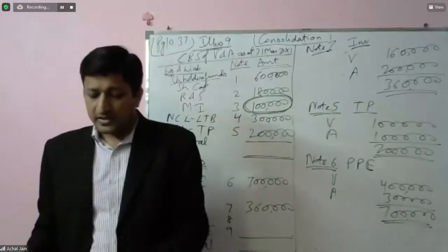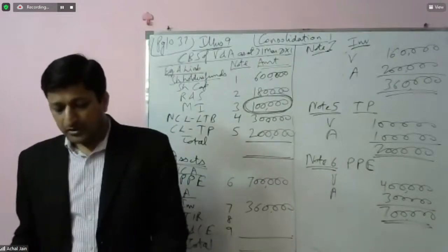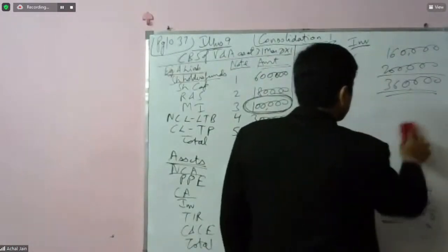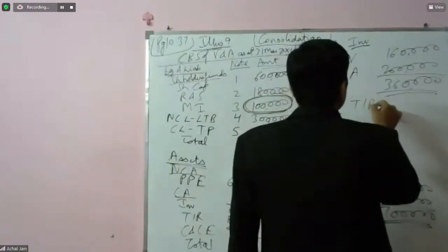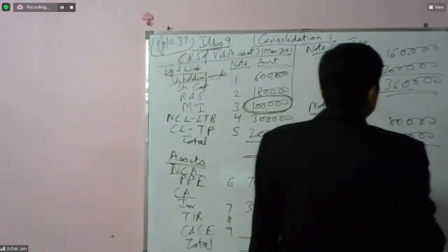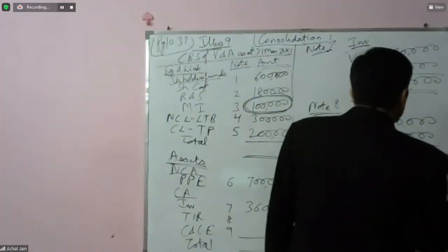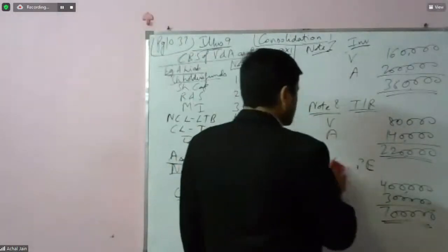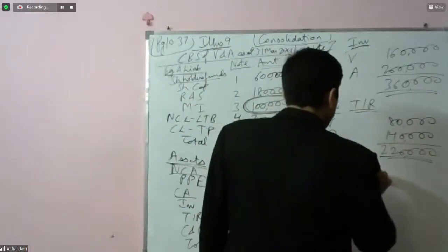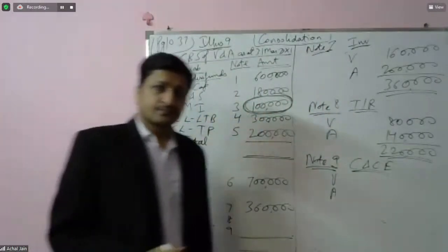Okay. So now we have trade receivables. In trade receivables, we have 80,000 and 140,000. This will be 2,20,000. Then cash and cash equivalents, we have 40,000 and 60,000.